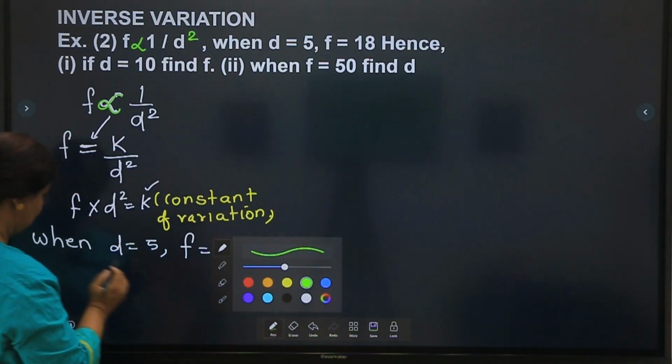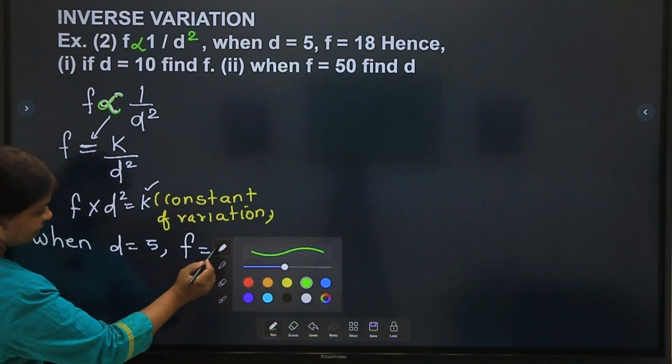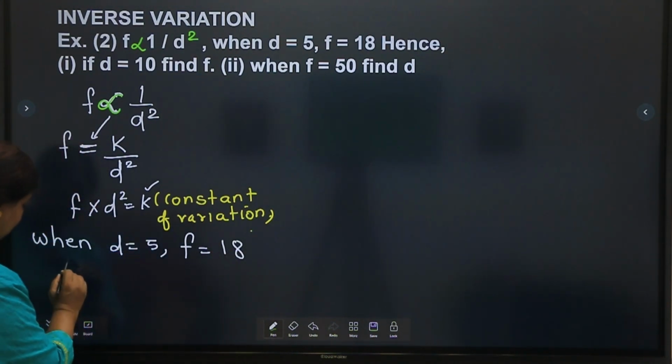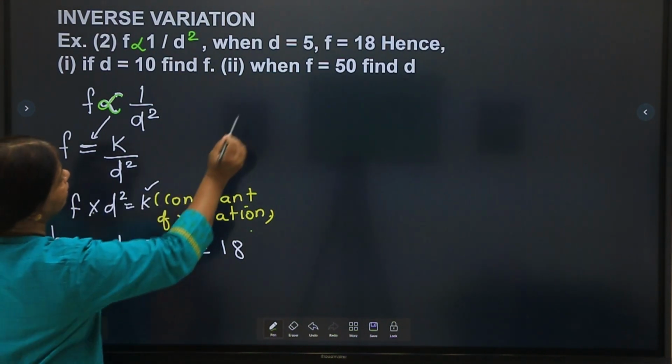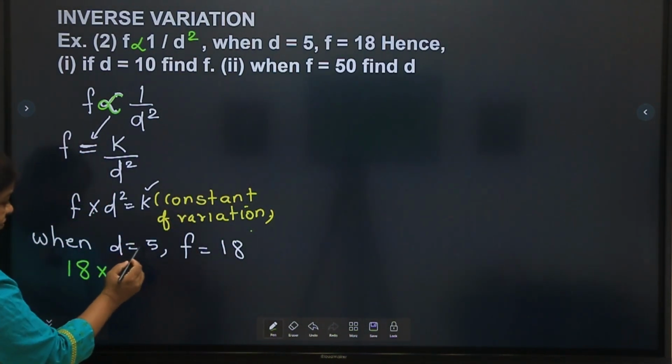Okay. F is 18 into D square. D is what? 5.